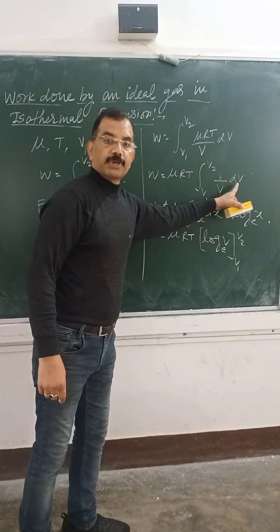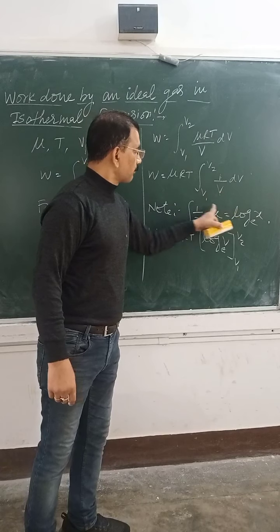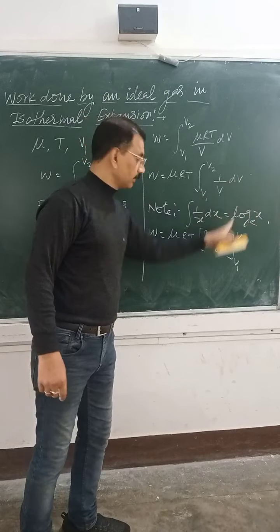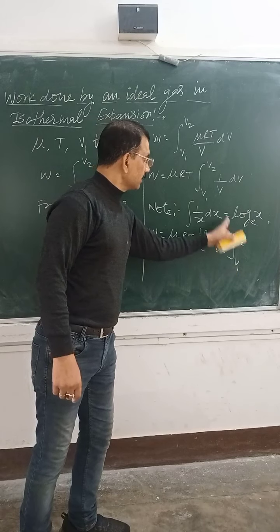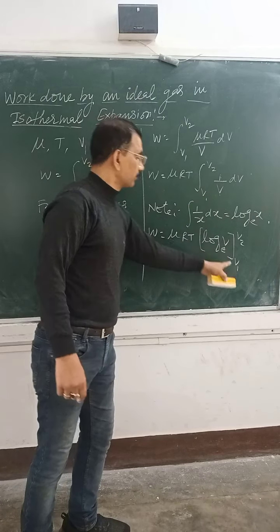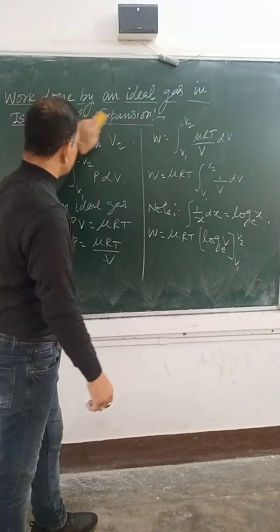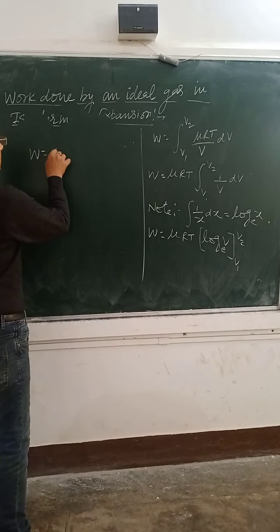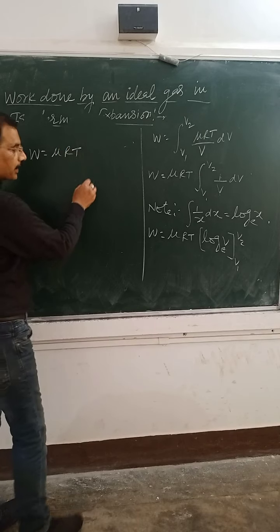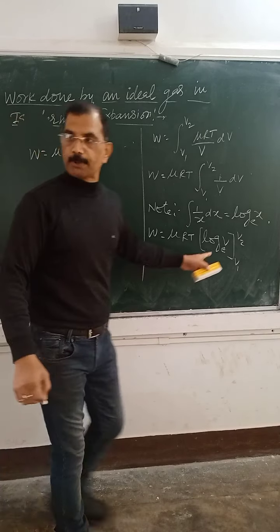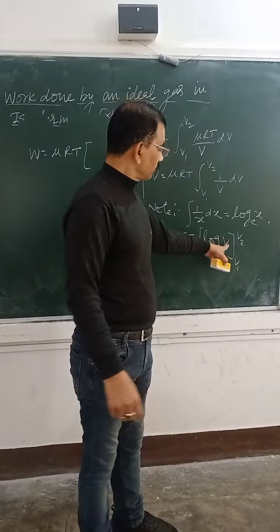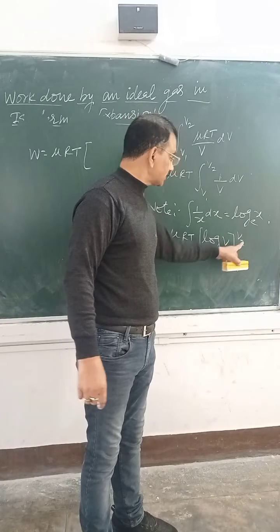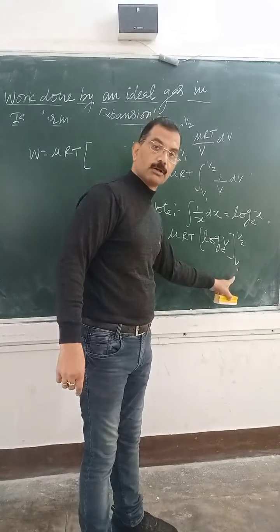Integration of 1 upon v dv is log v to the base e, like 1 upon x dx is log x to the base e. Similarly, 1 upon v dv is log v to the base e, with limits v1 to v2. Now we can see here, W is equal to mu RT, and here first at the base of v we will write the upper limit, minus again at the base of v we will write the lower limit.